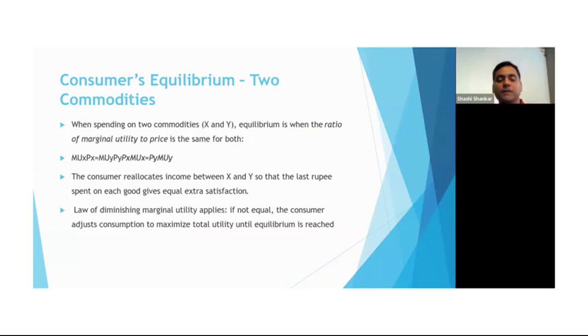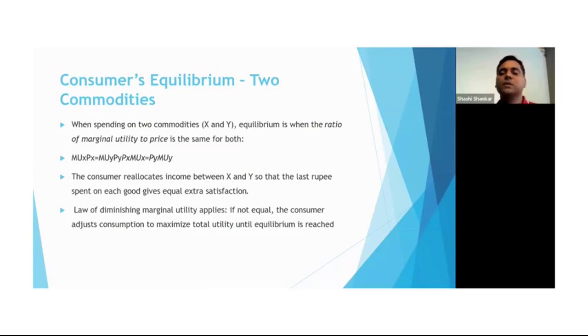So the concept is, if it is not equal, with the law of diminishing marginal utility applied, what is not equal? The equilibrium is when the ratio of marginal utility to the price of the product is equal. So if it is not equal, the consumer adjusts consumption.